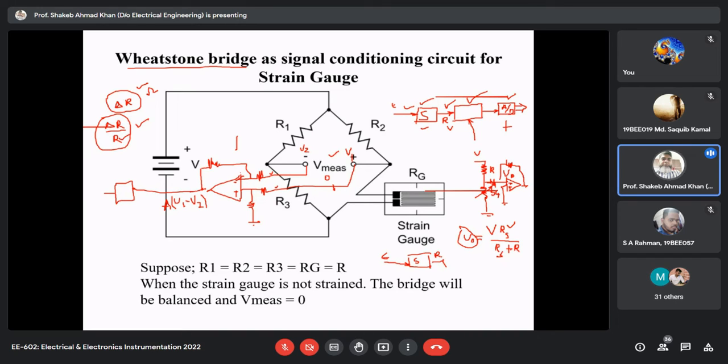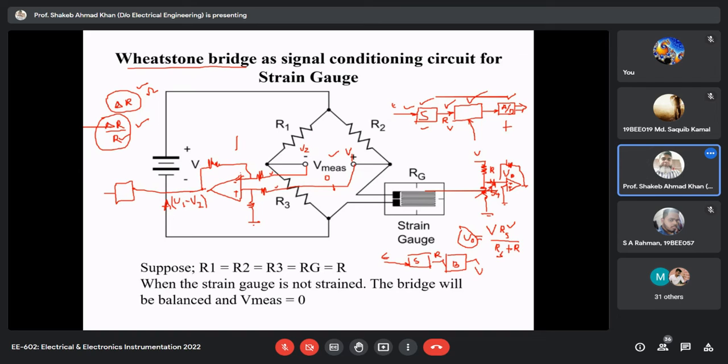Now this resistance is given into the bridge circuit, the signal conditioning circuit, and we are getting voltage.